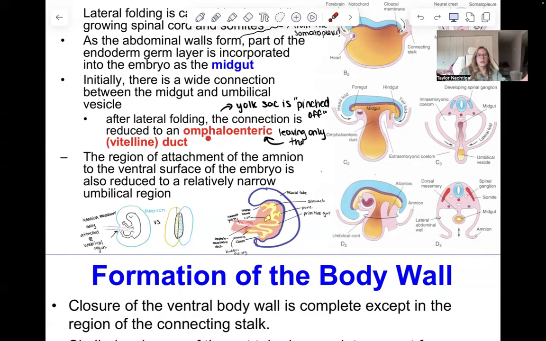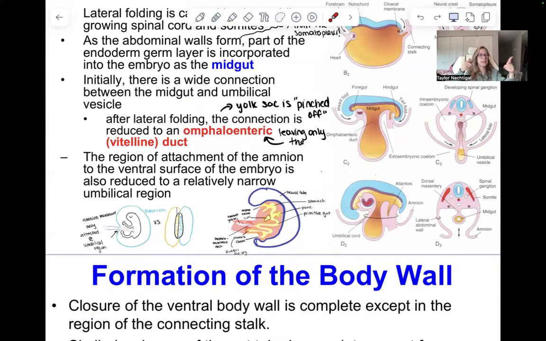There is a remnant of this potentially in some people, which is going to result in Meckel's diverticulitis. Remember in diverticulitis, you get outpouchings of the large intestine, where it should be a smooth tube, but you get a little outpouching or blob, where the hollow space in the middle projects outward.